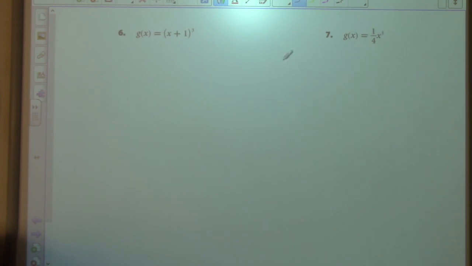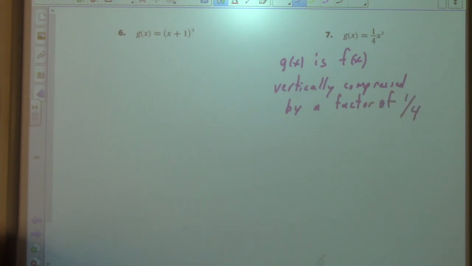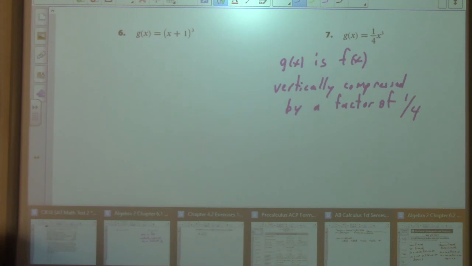Yeah, so g of x, she says, is f of x vertically compressed by a factor of 1/4, right? So is everybody good with that? Questions on that? It sounds good? Okay, thank you.